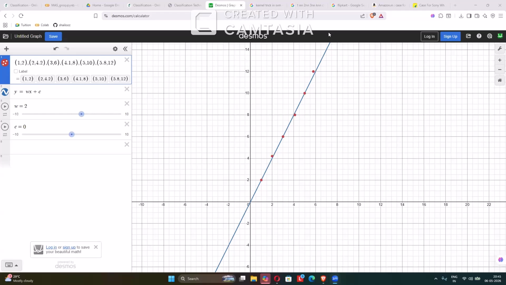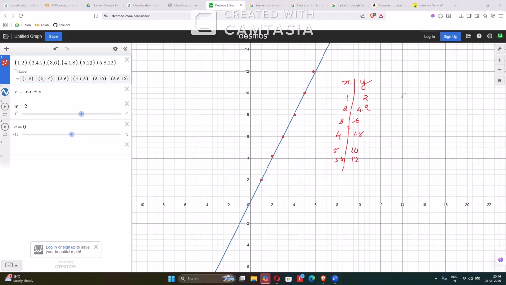Can we understand this problem? With the given set of x and y's: 1, 2; 2, 4.2; 3, 6; 4, 1.8; 5, 10; and 5.8, 12.